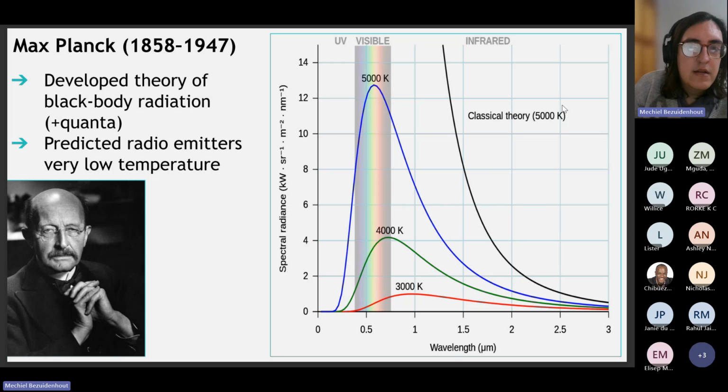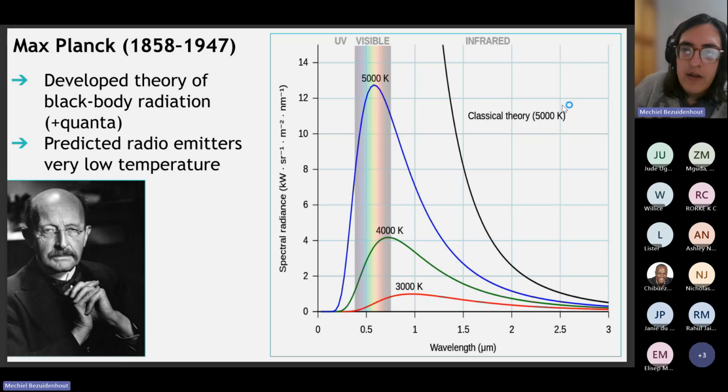And another mystery was what they called the ultraviolet catastrophe. That was to do with the frequency dependence of spectral radiance.